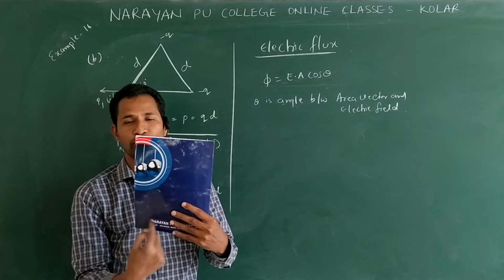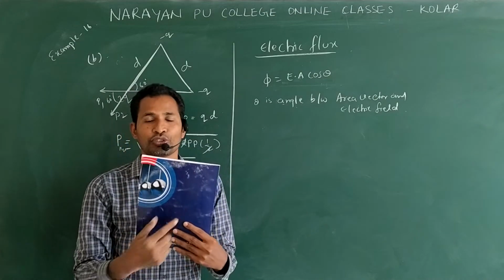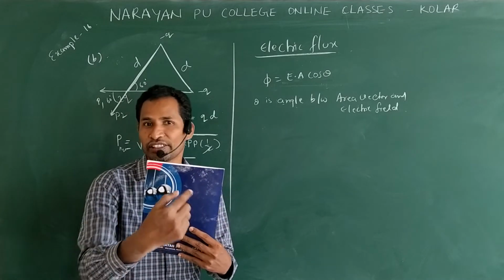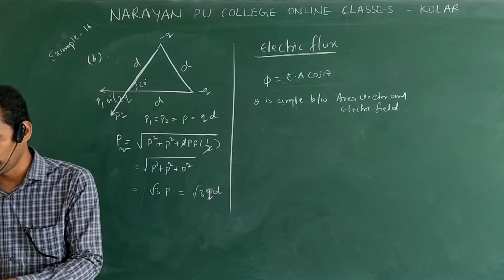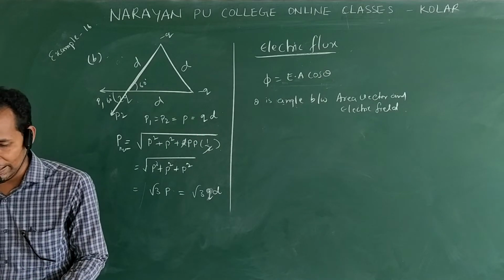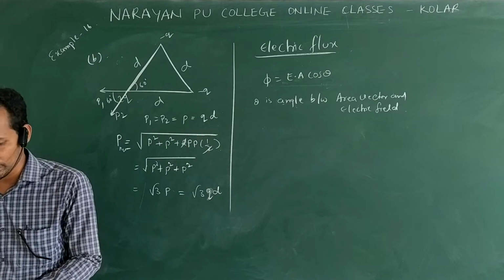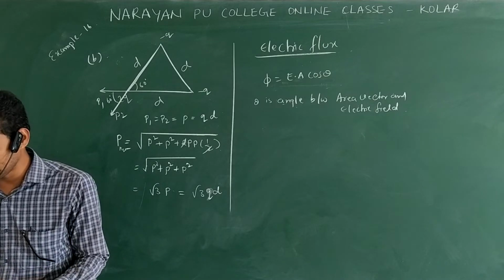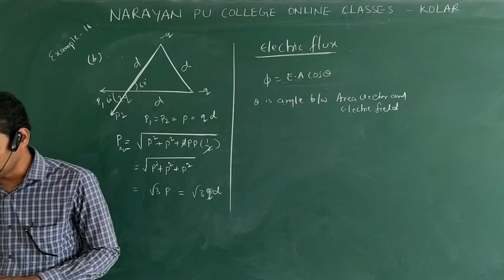Clear? For you, this. Understand? So the area vector always acts perpendicular to the plane. So in the calculation of flux, we need to take the angle between the field and the area vector. Don't forget. Clear?